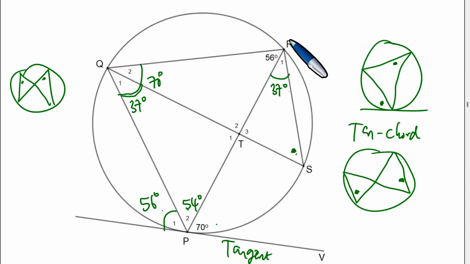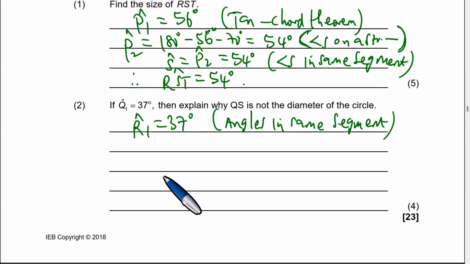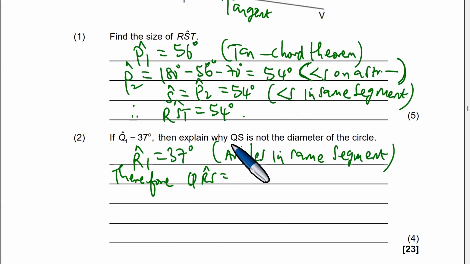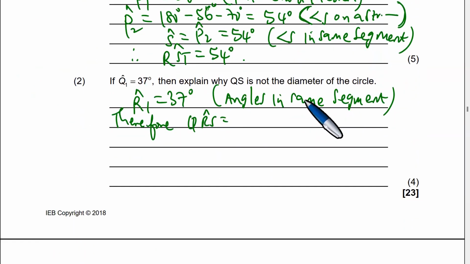So QRS is equal to the sum of the angles, 56 degrees plus 37 degrees. And this is the same as 93 degrees.